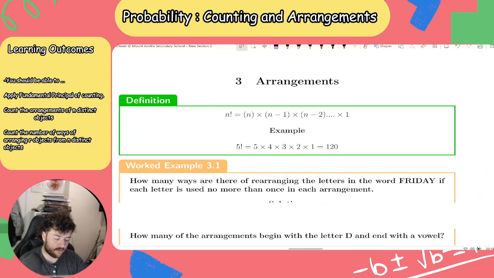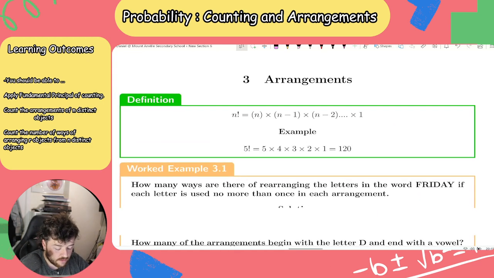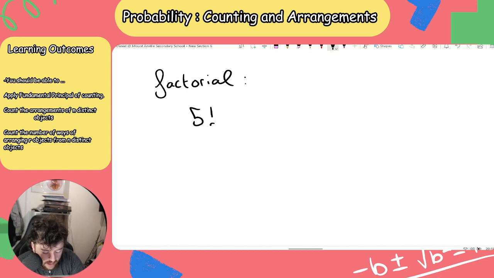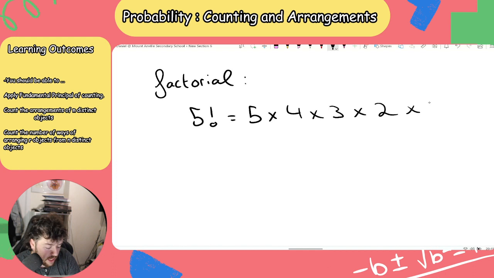So, arrangements. Before we do arrangements, you need to know what a factorial is. This little guy here with the exclamation point, that's a factorial. That is some new notation for leaving cert. A factorial just means if I have 5 factorial, that means 5 times 4 times 3 times 2 times 1.